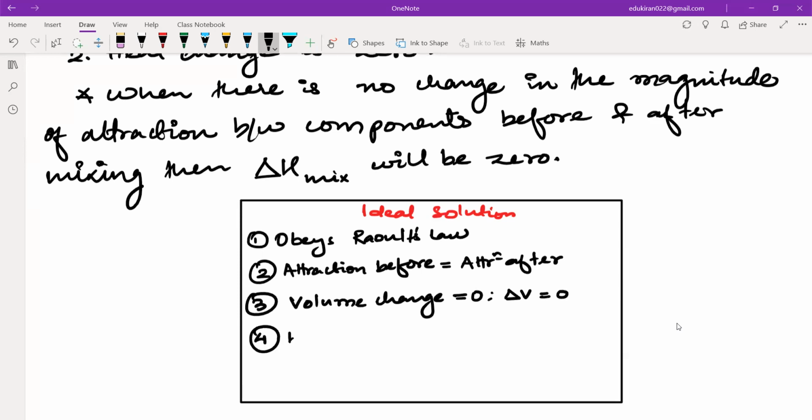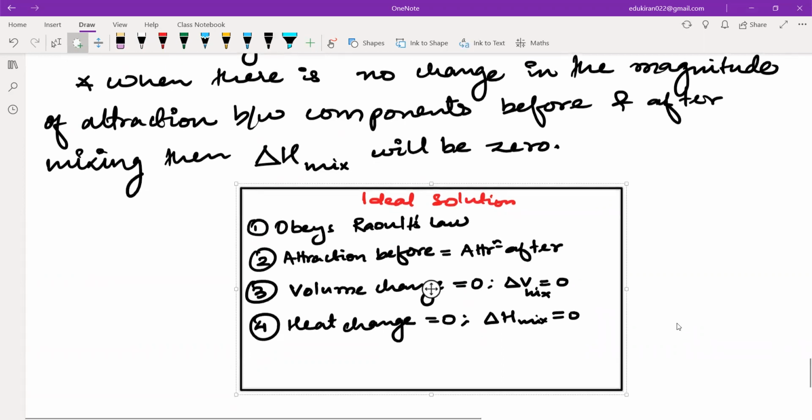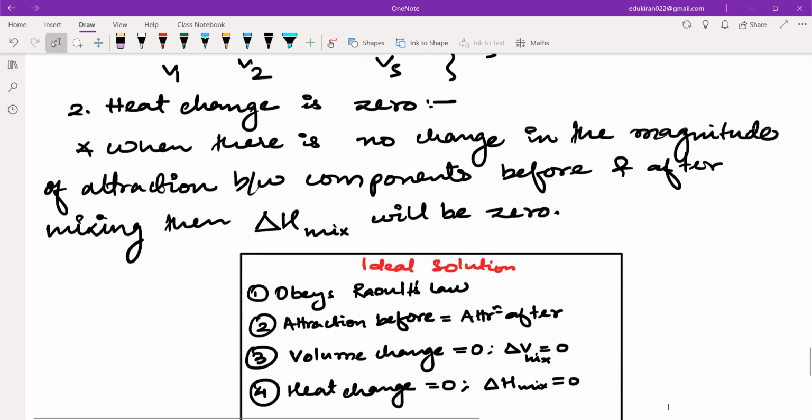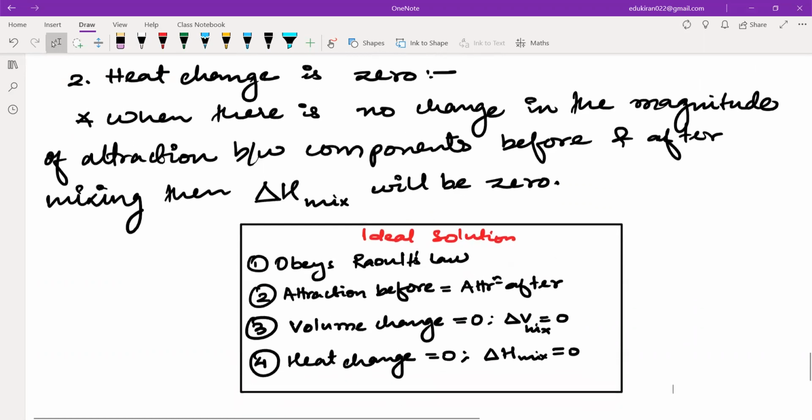Fourth point, heat change zero. That means enthalpy of mixing is zero. यहाँ पे भी V mix लिख दीजिए, ऐसे रहता है generally. ठीक है? So these are the 4 points that you have to understand, that you have to remember. Understand तो छोड़ दीजिए, याद रखिएगा कम से कम. Okay, please remember this, है ना? Remember this, and it will help you in understanding also.